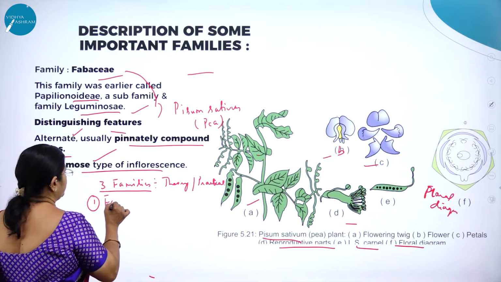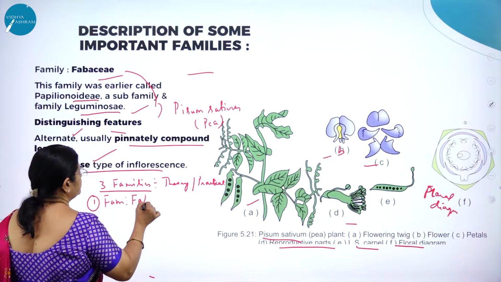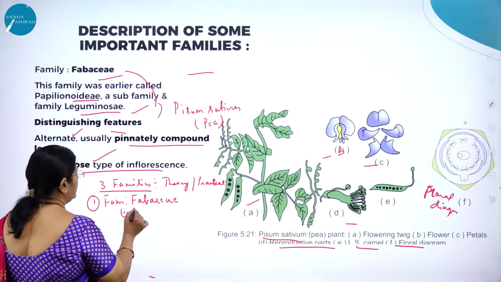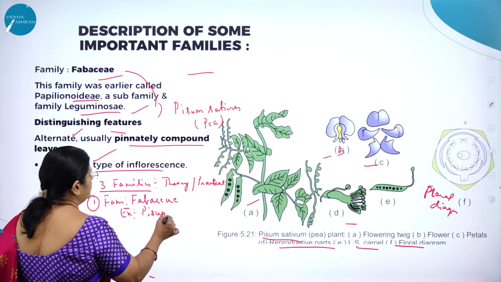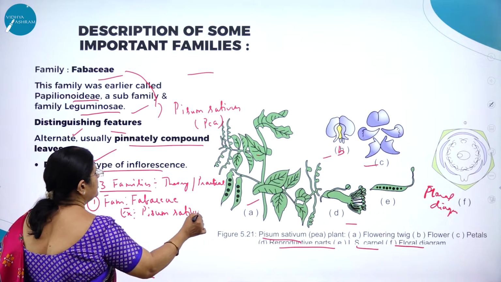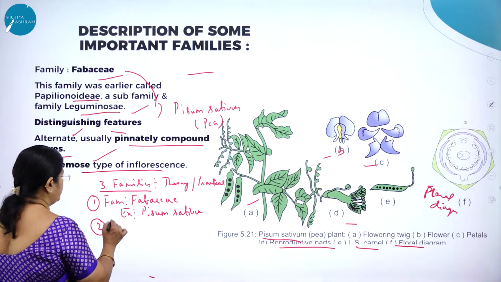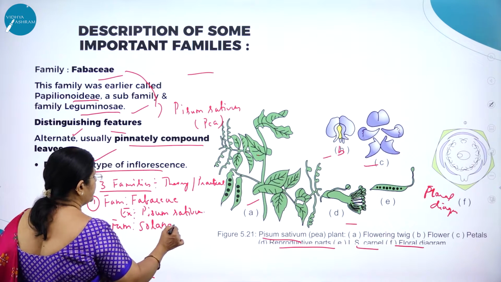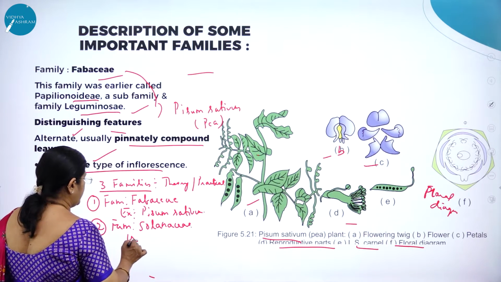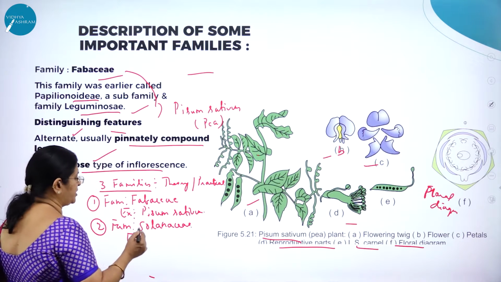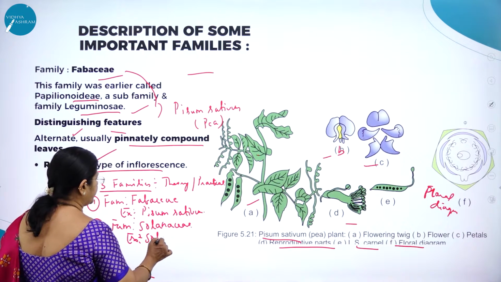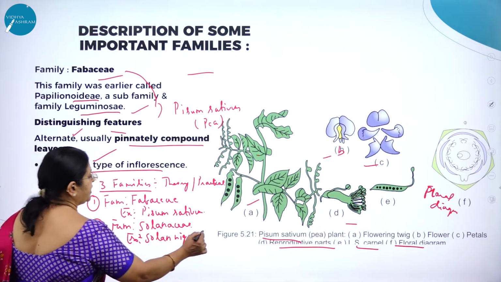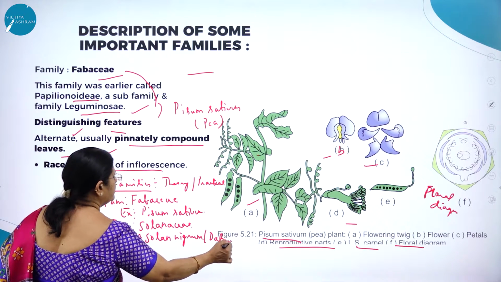First one, family Fabaceae. The example you are going to study is Pisum sativum. Second, family Solanaceae. For example, you can take Solanum nigrum or you can take the example of Datura.